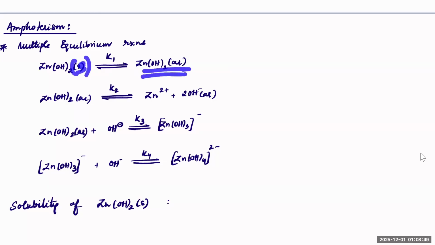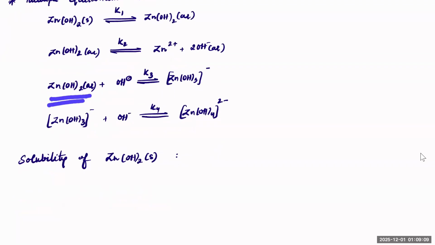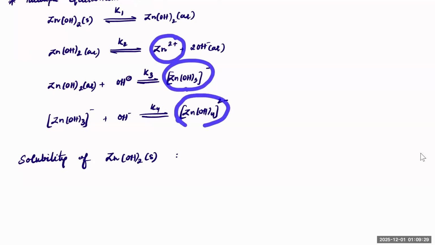But that amount is again getting ionized into Zn2+ and 2 OH-, and also converted into Zn(OH)3- and Zn(OH)4 2-, which means the solid is converting into some aqueous part, some Zn2+, some Zn(OH)3-, and some Zn(OH)4 2-.